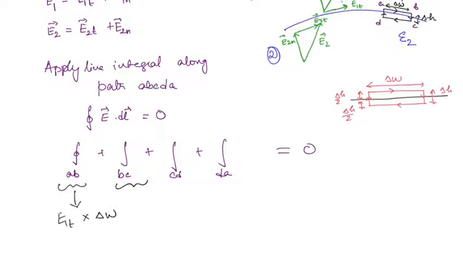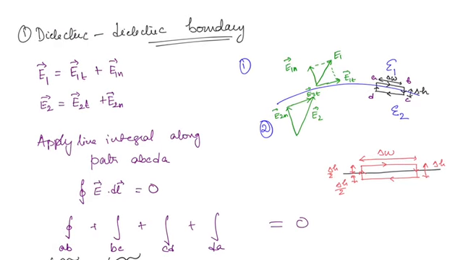Now along BC, this is going to be slightly different, okay. So if you see the diagram here, for half of it, from the point B to the interface, what will be the electric field that is present? E1N, and that too E1N is in this direction, away from the interface, but we are going in the line integral in the opposite direction, okay. So it will be minus E1N into delta H for the half of it, okay. So it is delta H by 2, not delta H but delta H by 2, and for the other half, that means from the interface to the point C, what will be the line integral?